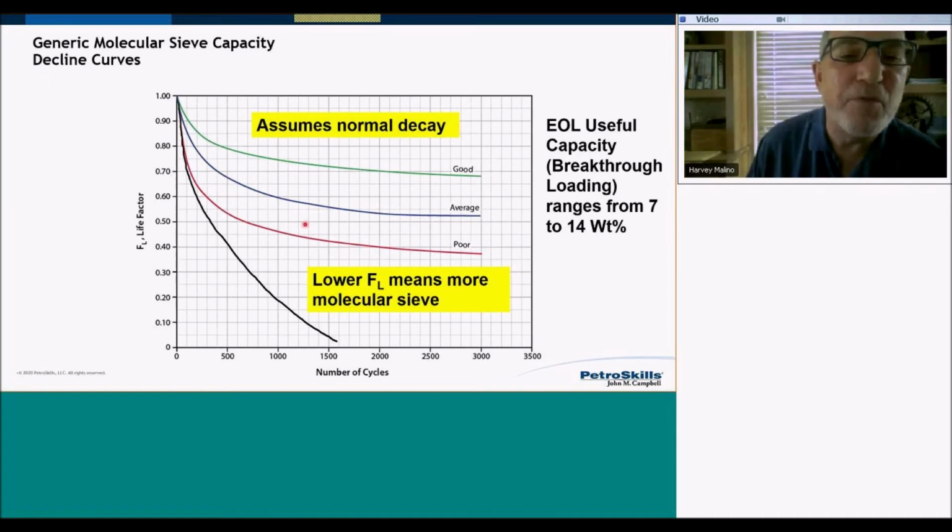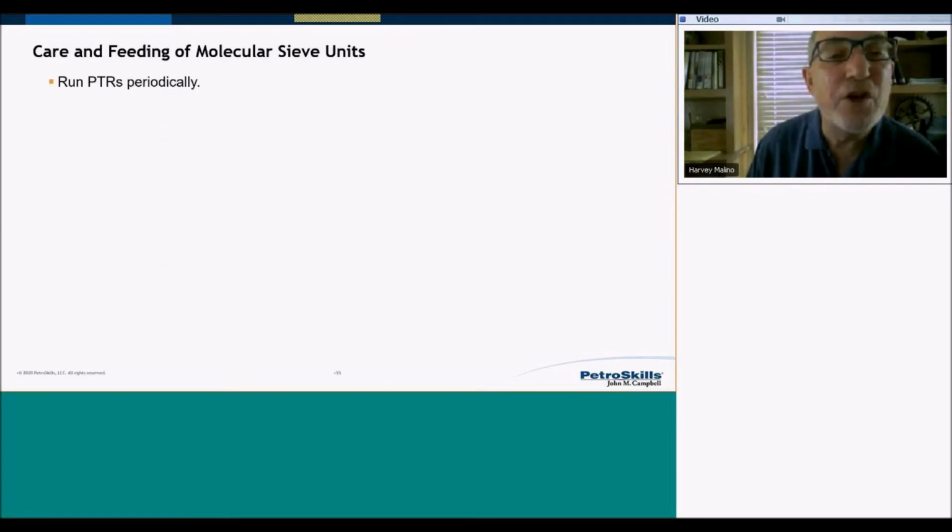If you run performance test units on a frequent basis, let's say you run it at 500 cycles and you can plot where you are on a performance test run, and then you run another cycle, let's say at 1,000, and you have a pretty good idea of what your decay curve is going to look like, and consequently, you're going to have a pretty good idea of when you can change out your adsorbent. So running frequent performance tests is a very good idea.